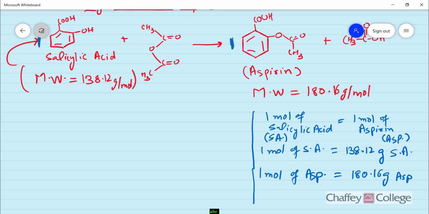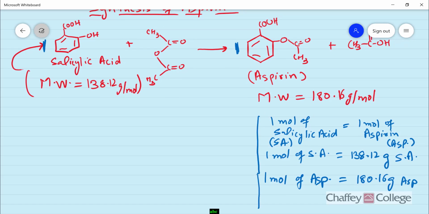For calculation of theoretical yield, we only need to know these three relationships. How do we calculate the theoretical yield? We start with grams of salicylic acid and convert grams of salicylic acid to moles of salicylic acid.